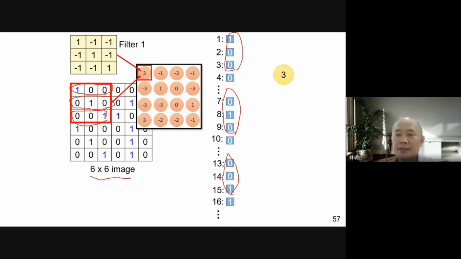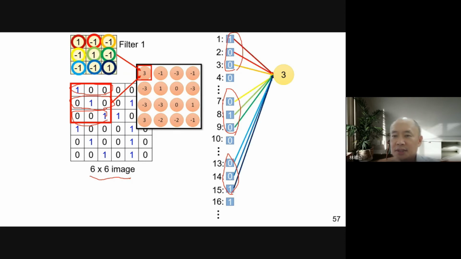Then the output to the next layer is 3, right? And in total there are only 9 connections to this neuron, not fully connected. Only 9 connections, right?